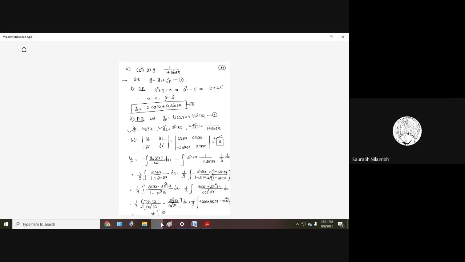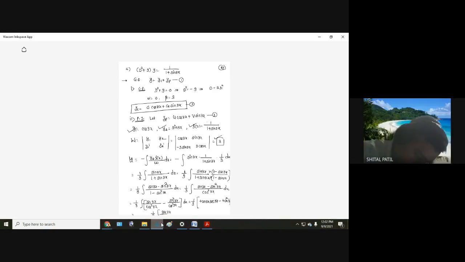Sine by cos is tan. Sec 3x. Do we know the integration? Yes. Sec 3x divided by 3.